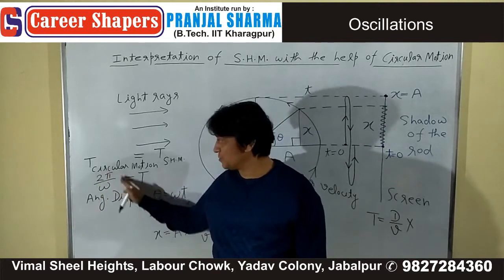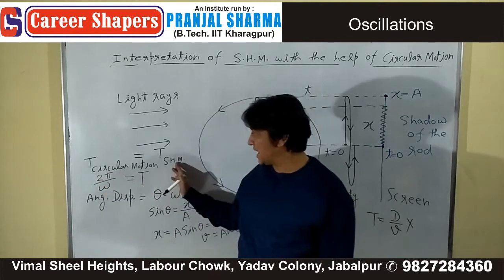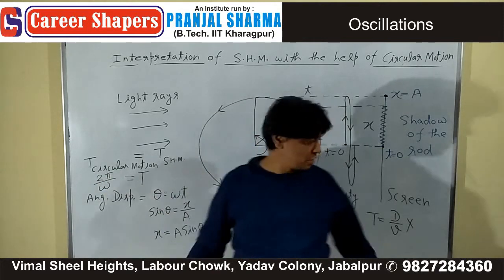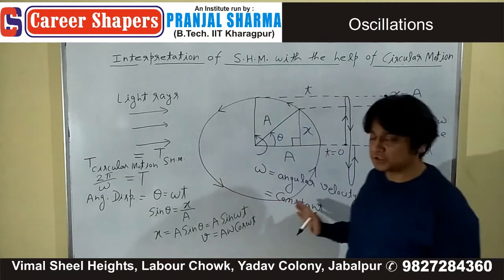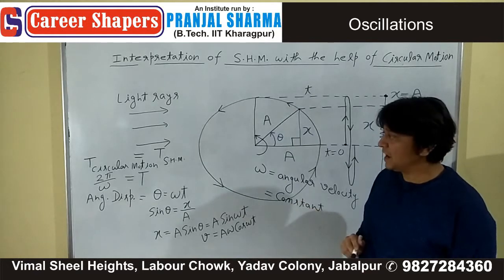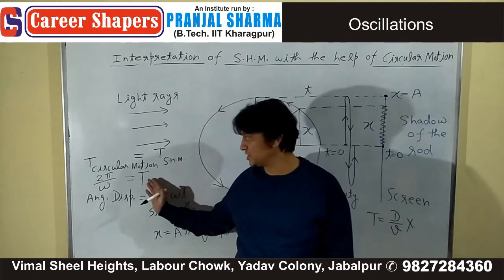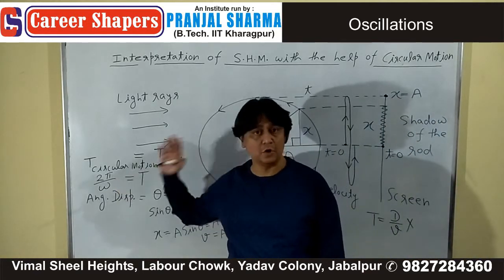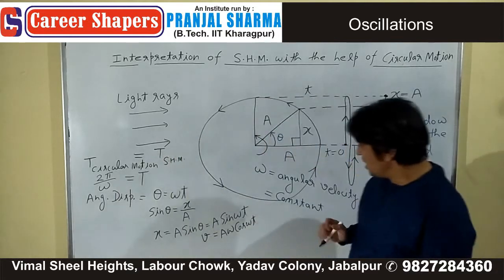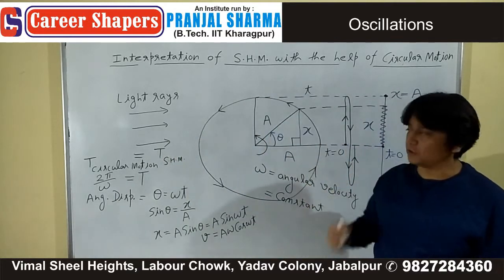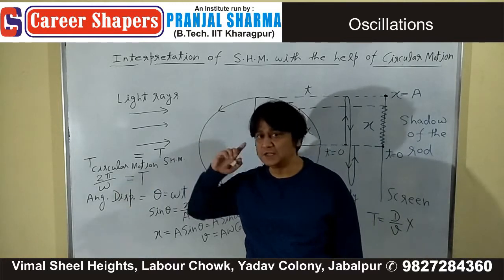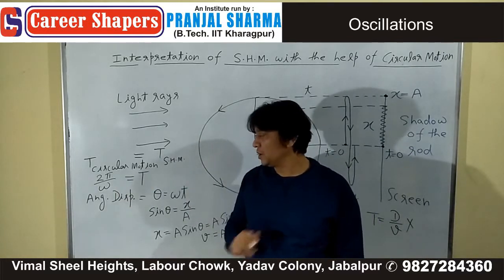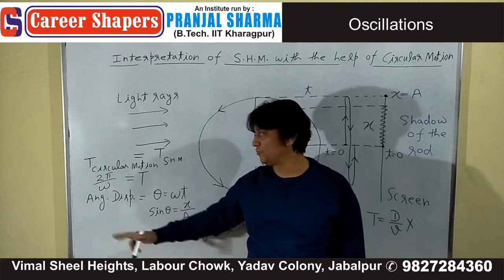This is coming from circular motion. We cannot directly calculate time because speed is not constant, and therefore we took advantage of what? This uniform circular motion, and this uniform circular motion is giving us T as 2 pi upon omega. Now, once we found that T is coming as 2 pi upon omega in simple harmonic motion, we needed a name for omega.